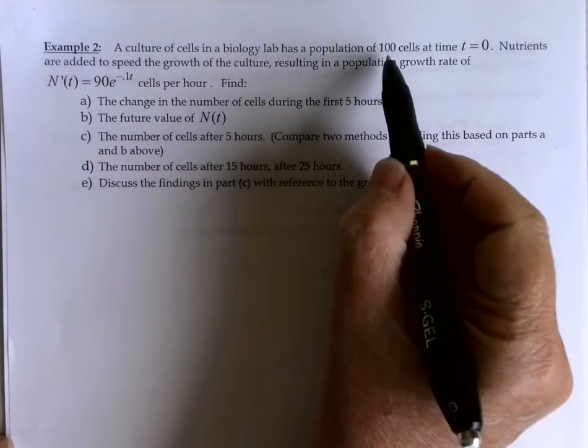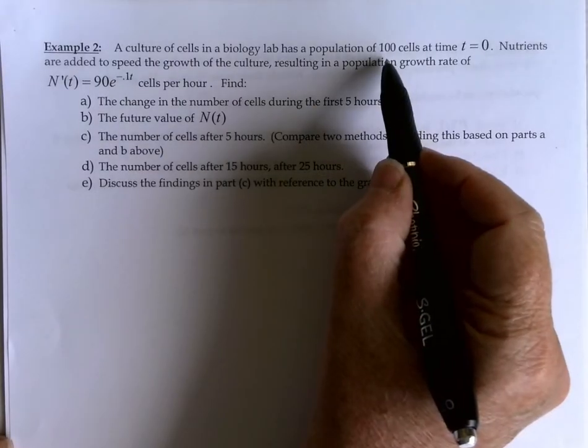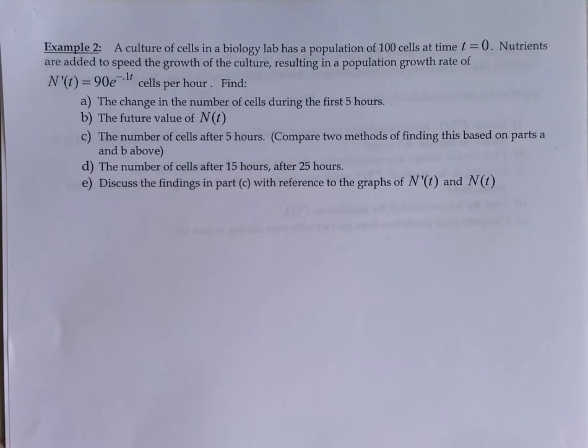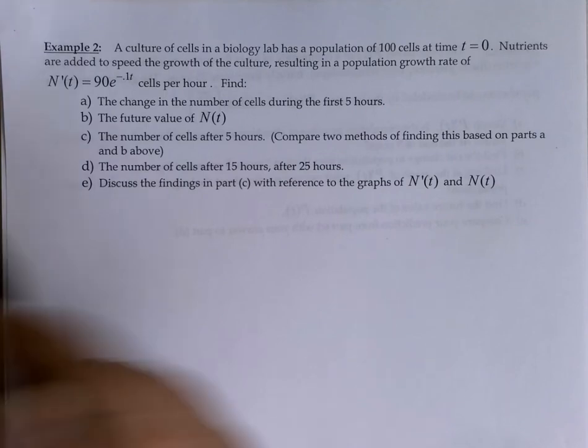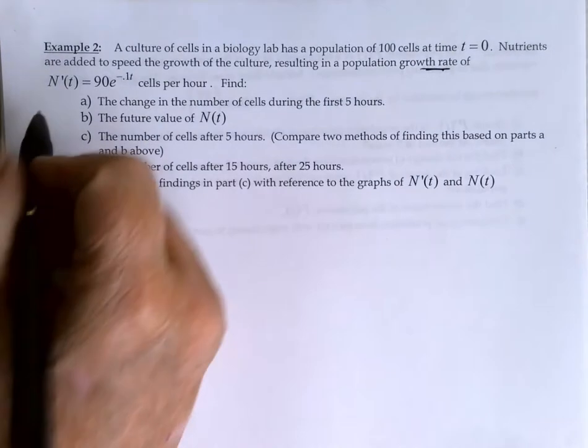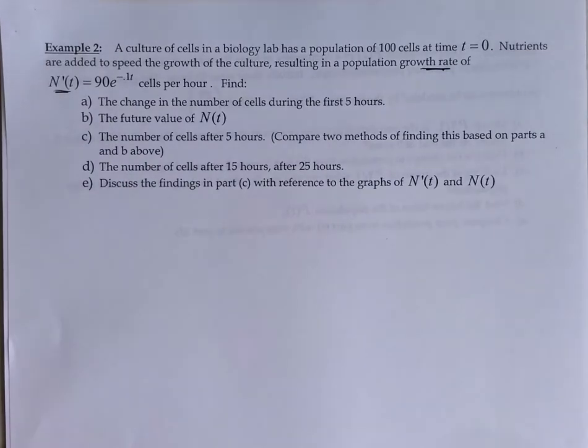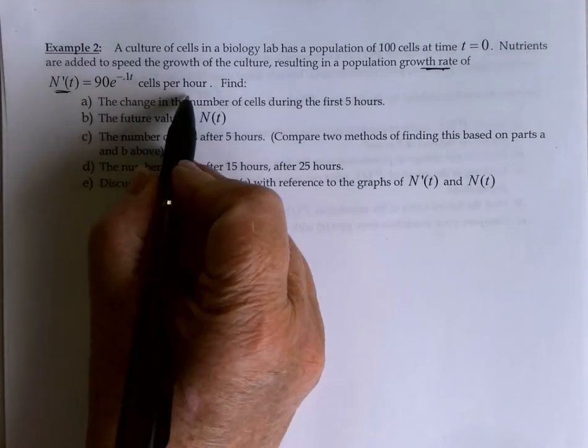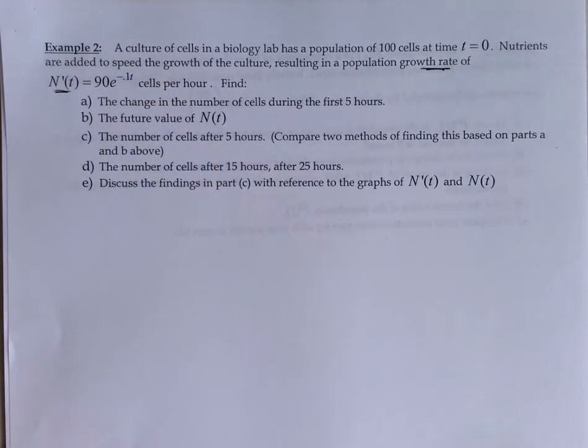We start out with a population of 1,000 cells at time t equals 0. Nutrients are added to speed the growth of the culture, resulting in a population growth rate. Notice growth rate, so no wonder it's a derivative. N prime of t is 90 e to the negative 0.1 t, and that's how many cells per hour that this culture is growing by.